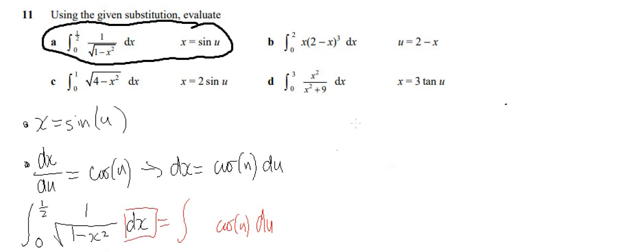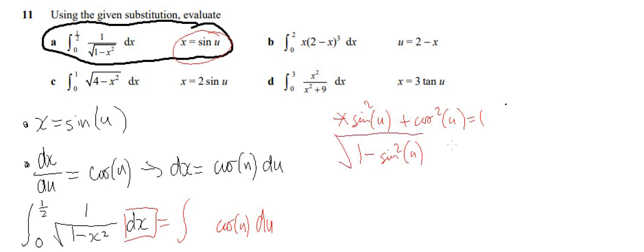Okay. Now we've got this term here. Well, what's our favourite identity? I hear you say that's sine squared u plus cos squared u equals 1. And if we rearrange, that gives us 1 minus, and remember basically our x is sine u, and we've got x squared, so 1 minus sine squared u, and we square root that, gives us cos u.